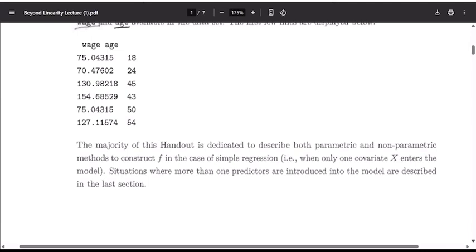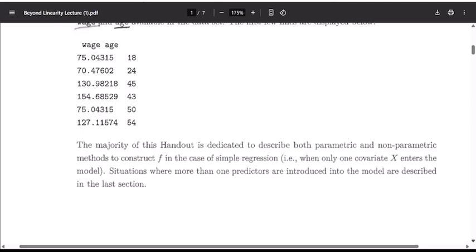If I want to study the relationship between wage and age and look beyond linearity, why am I looking beyond linearity? Probably I've constructed a scatter plot where I plotted wage against age, and I realize there's a curvature. A curvature means it's not a straight line.